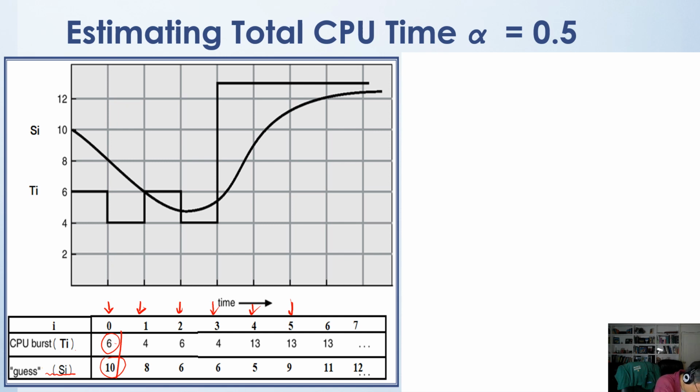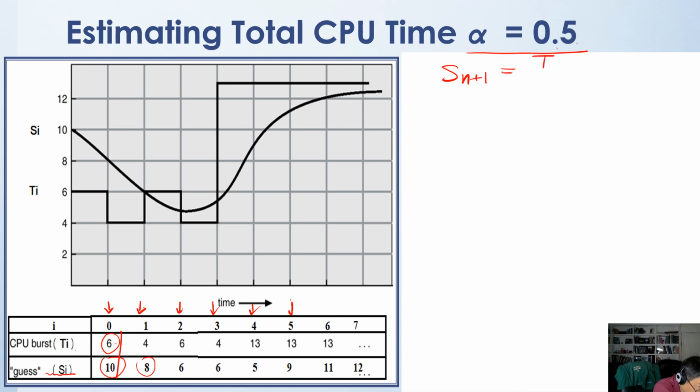However, we're going to use these two data to predict the next CPU burst. So the next CPU burst S1 is going to be 8. Now, how can we get the 8? Here we use the formula Sn+1, and we use 1/2 as alpha.